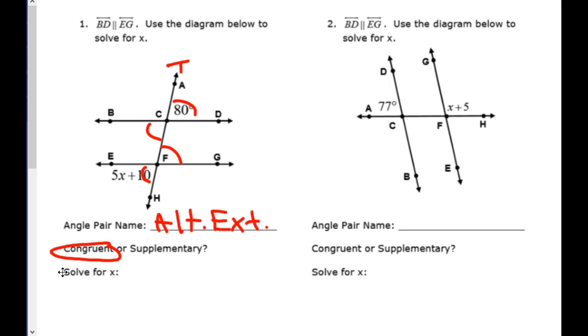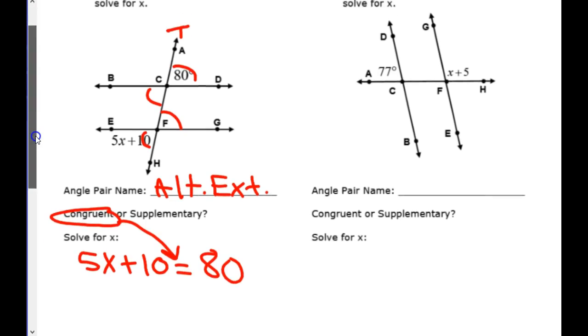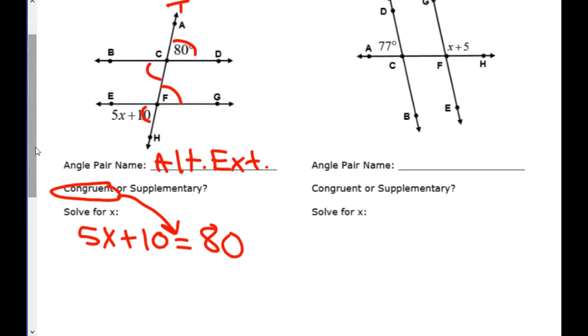Do we set them equal, or do we add them up to 180? So the answer is we set them equal. So congruent means they're equal in their measurement. So that's what we're going to do. We're going to take 5x plus 10 equals 80. So notice this arrow that I drew right here. Congruent means you put an equal sign between them, for sure, okay?